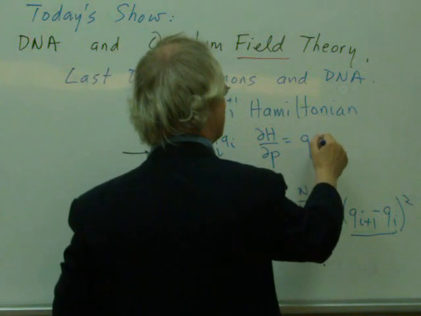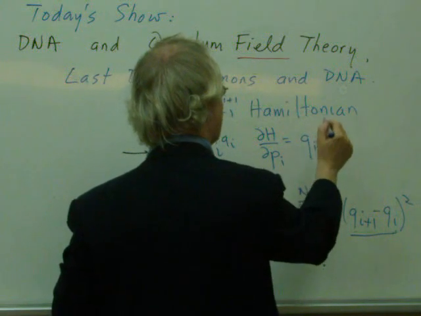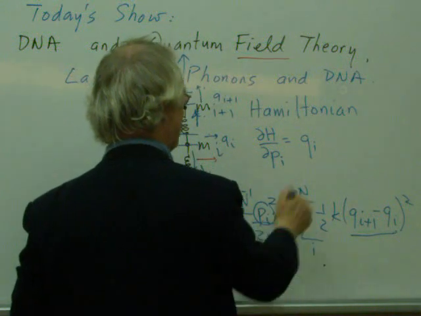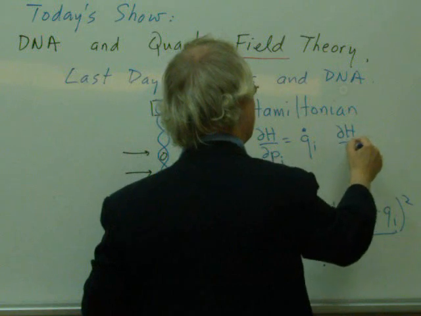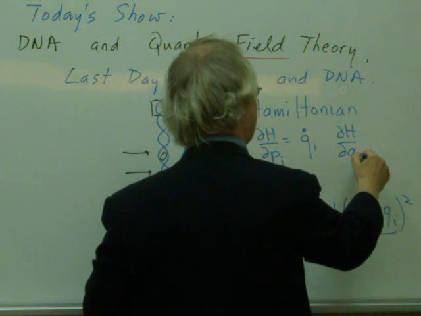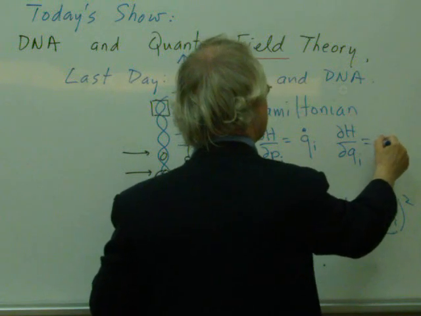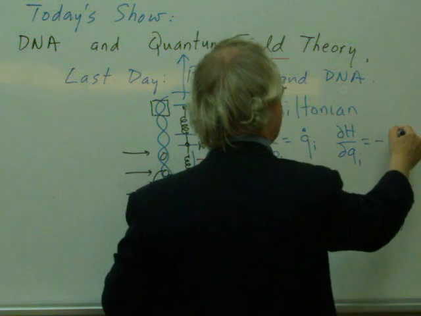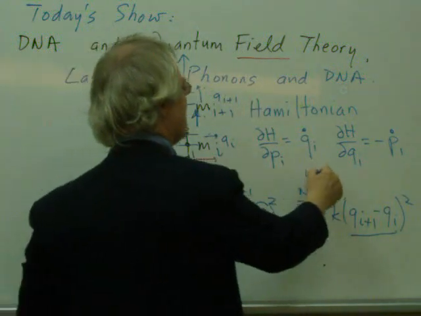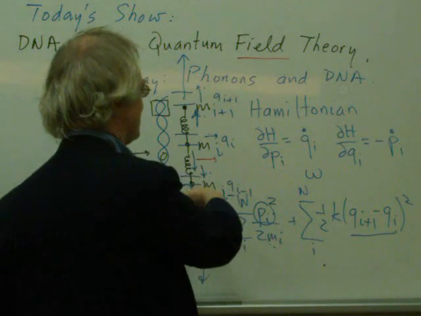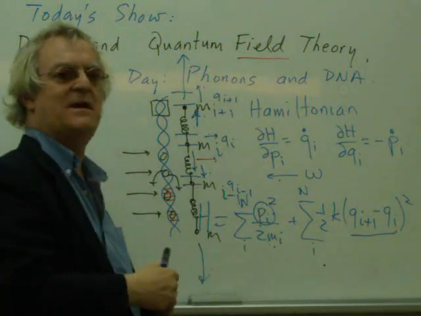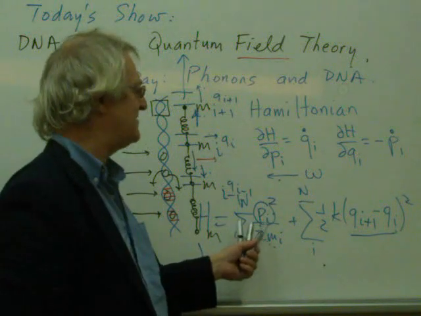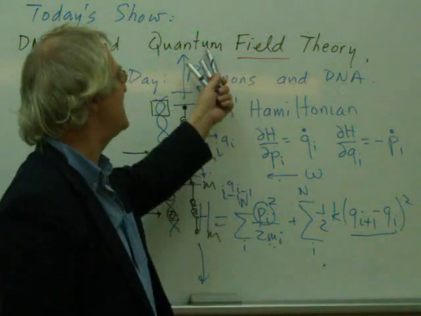This is q dot, which means time derivative, and then I get p i dot equals minus the derivative of H with respect to q i, and I can solve these equations, and out of that I can get this frequency, and I can get it with this classical Hamiltonian.